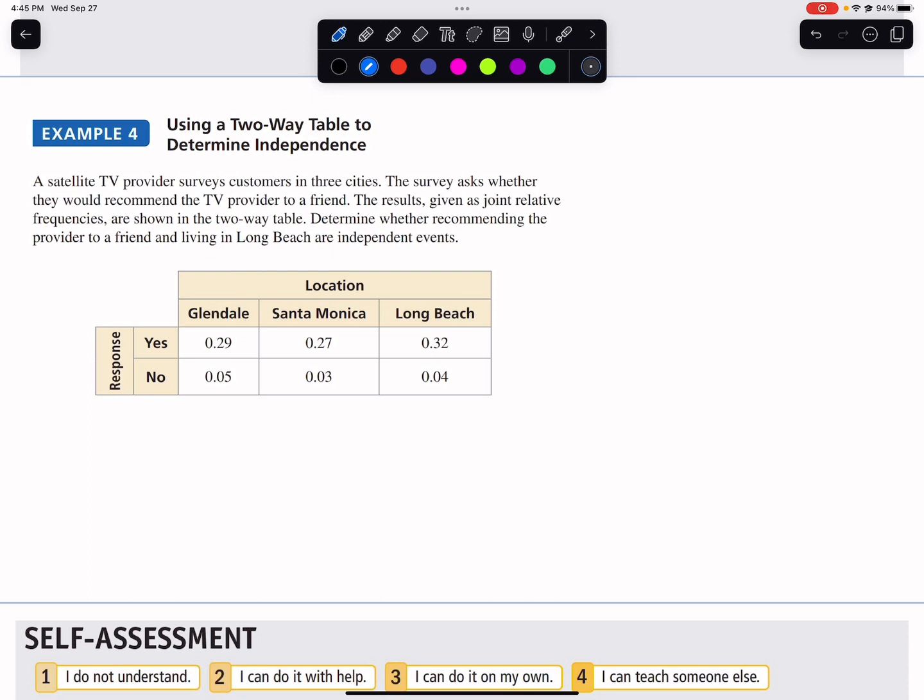So the way that I'm going to do this is I'm going to use the conditional probability formula, P of B given A equals P of B. And so P of A is Long Beach. Oh, nope. A is recommending.